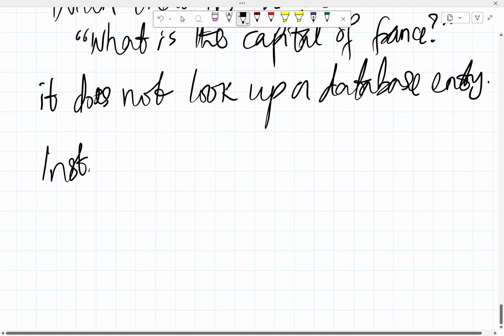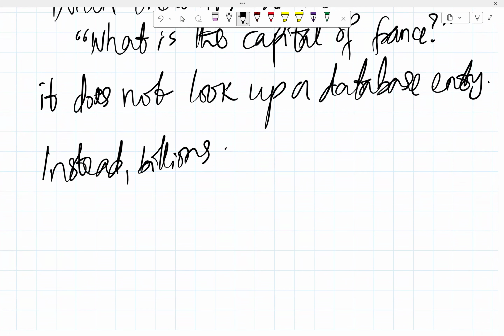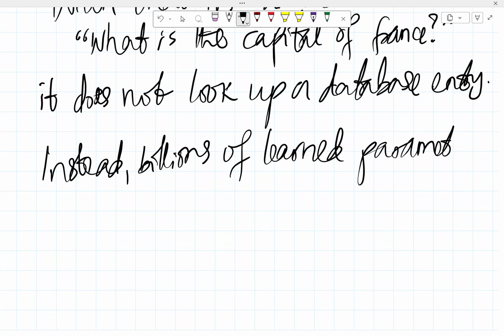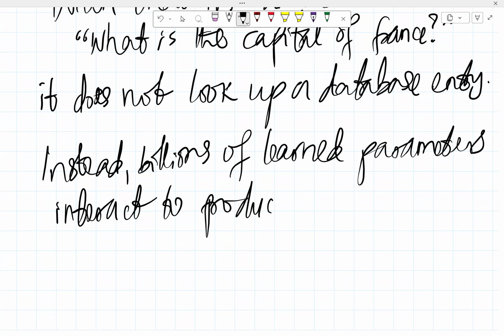Instead, billions of learned parameters interact to produce the token Paris easily.